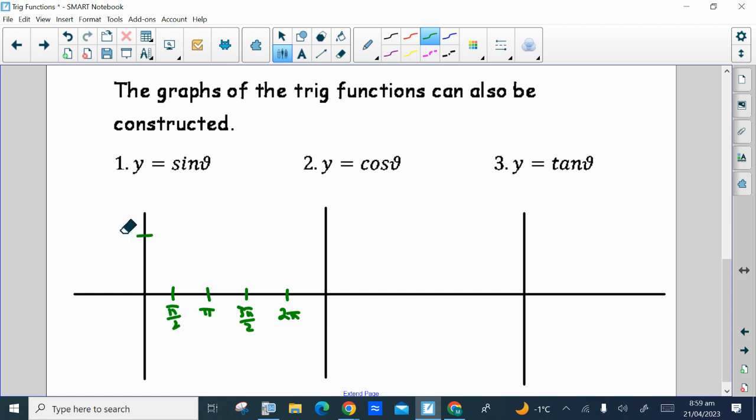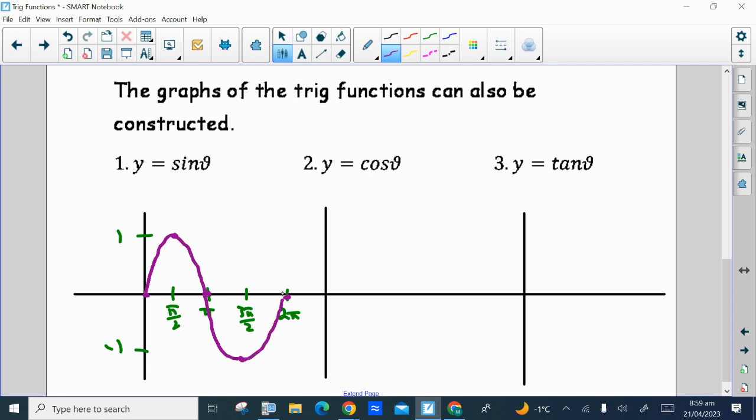We saw that the graph of sine went up to 1 and down to -1. It started in the middle, and every pi on 2 you had another critical point, which took us to a maximum, back to the middle, a minimum, back to the middle. So there's one cycle of the graph of sine theta.